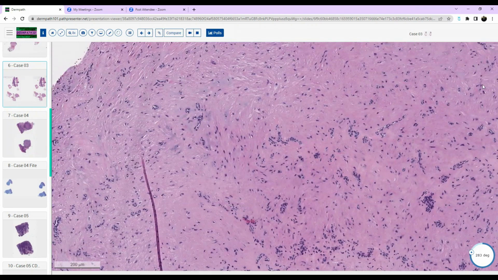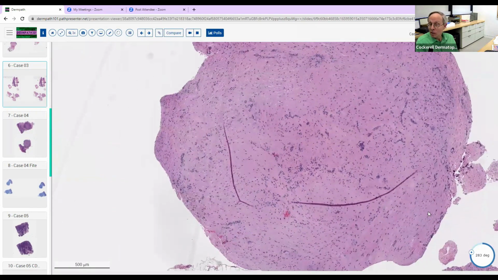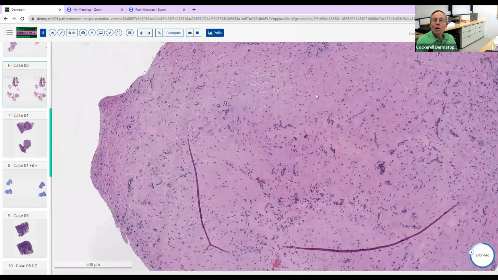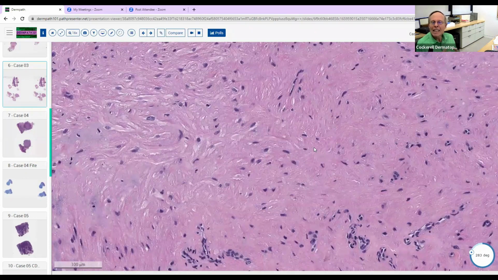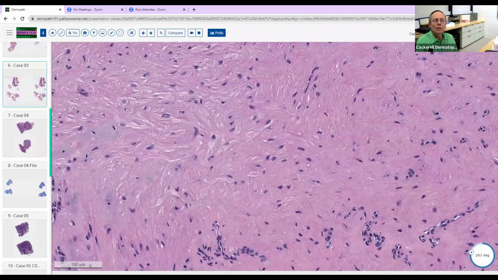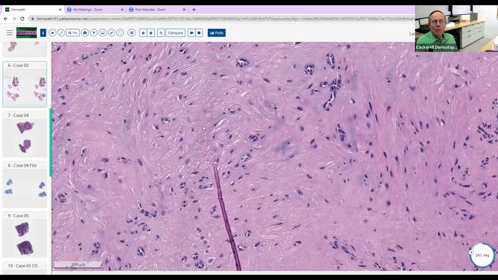Probably, if we would have biopsied this a couple of years ago, it would have had a lot more cells. Now, as time has gone on, it's turned into this really thick, collagenous nodular papule, if you will, a subcutaneous lesion. And there's mucin left in the background.